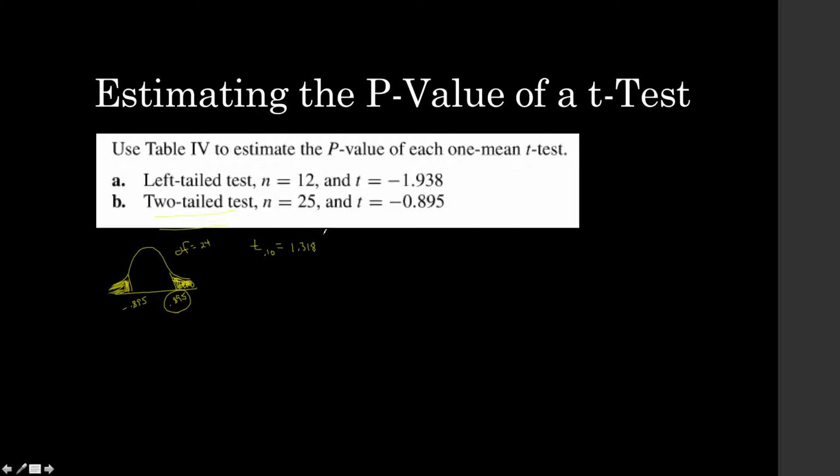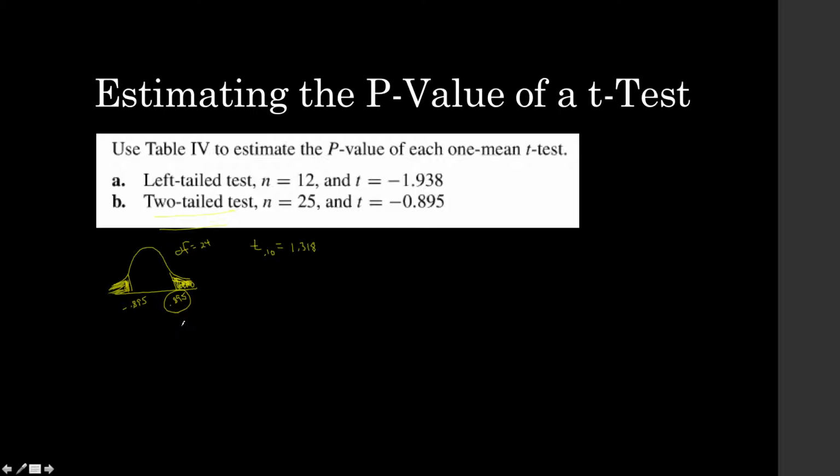So, what do we have to do here? Well, the area under the t-curve that lies to the right of 0.895 is going to be greater than 0.10. Because remember, look at the table again, up at the very top row. We're getting 0.10 from our alpha. As you go right, our alpha gets smaller, 0.05, 0.025, so on.